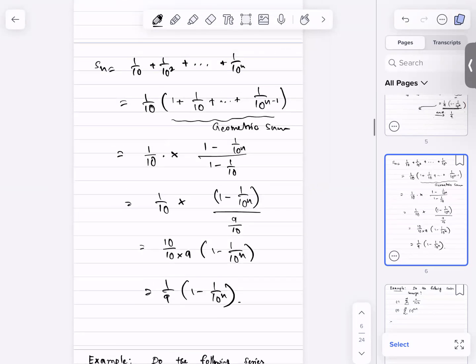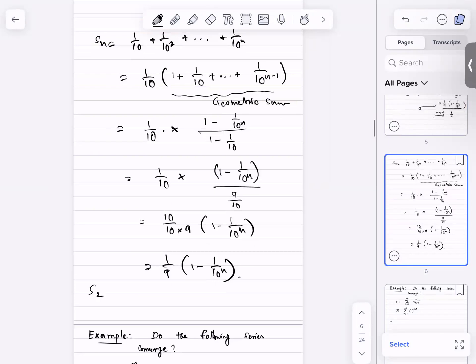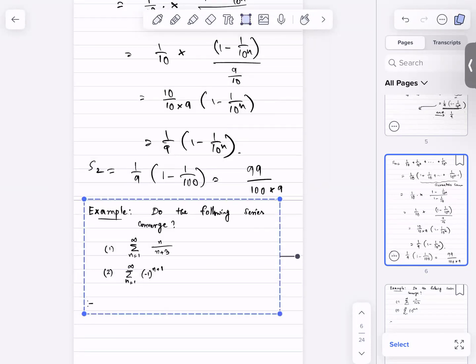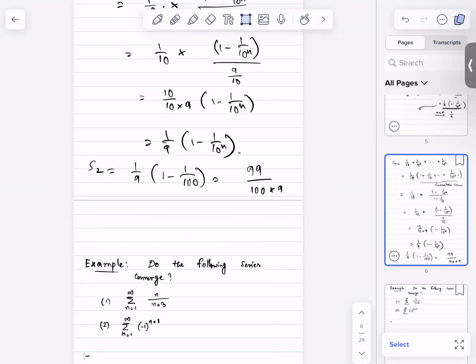Okay, now for S2, if I use the formula, then it should be 1 over 9 times 1 minus 1 over 100, which is 99 over 100 times 9. Okay, and this is nothing but 1 over 100 times 11, which is 0.11.